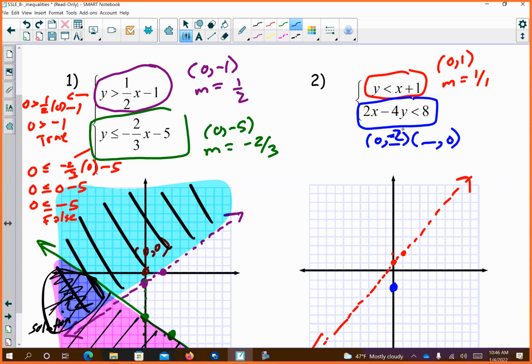This is a y value, agreed? So 2 times what number gives me 8? 4. Solid or dotted? Dotted, thank you.